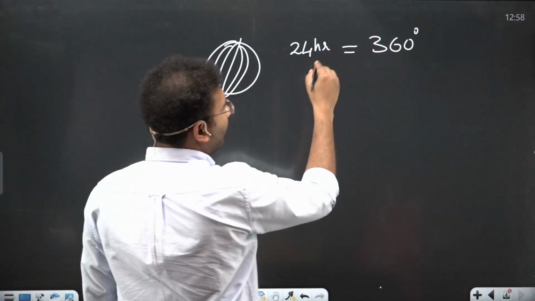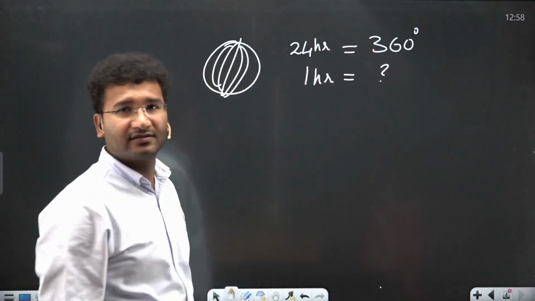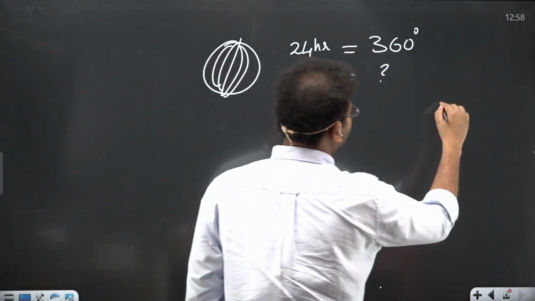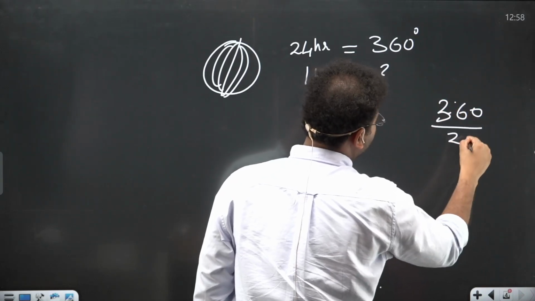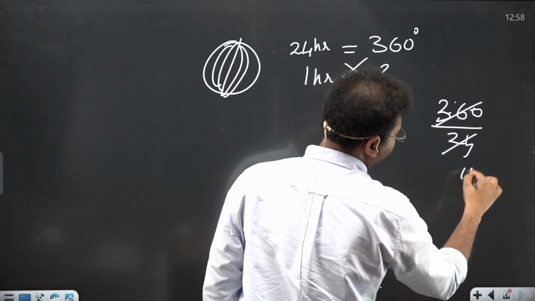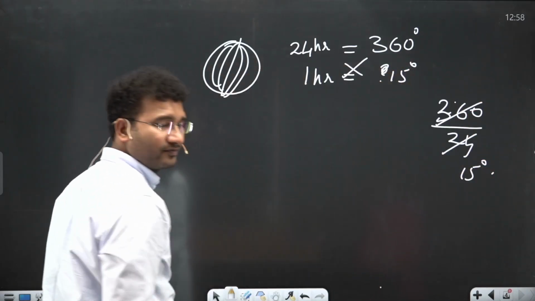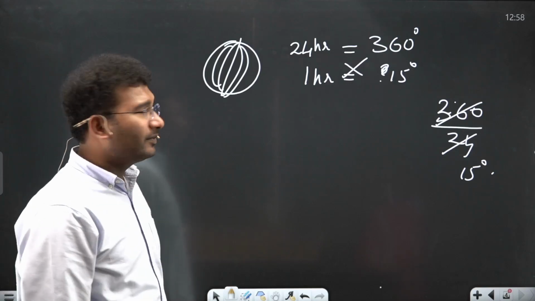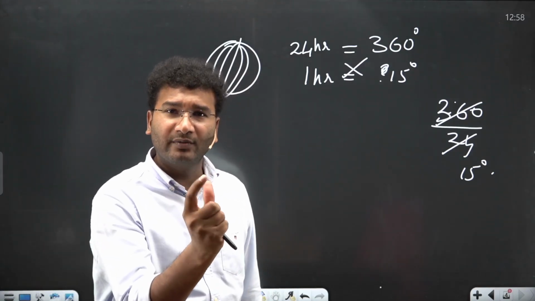Now 1 hour is equal to how many degrees? Cross multiply. 360 divided by 24, right, which is equal to 15 degrees. That means 1 hour is equal to 15 degrees, right? That means every 1 hour the earth has to rotate how many degrees?